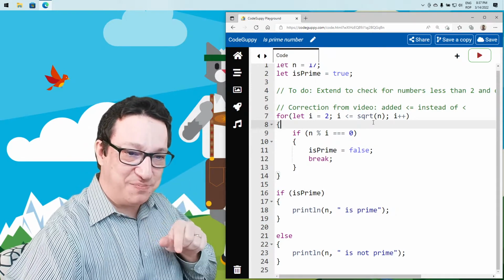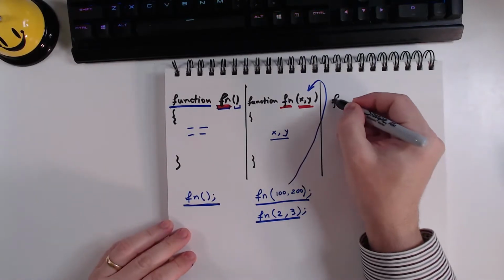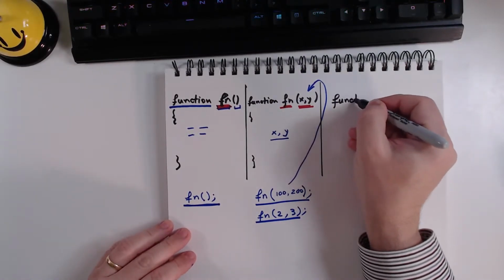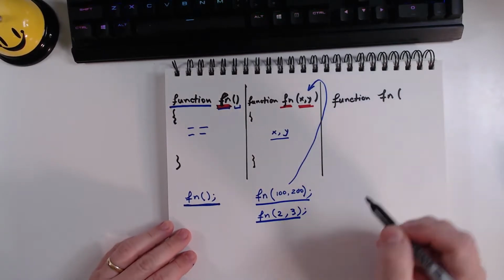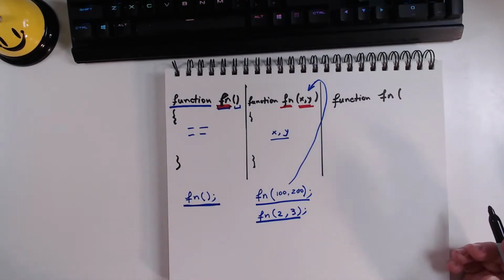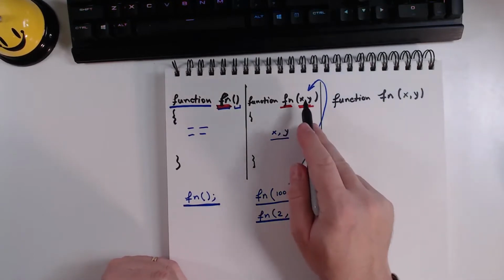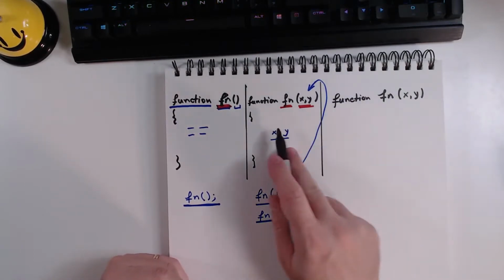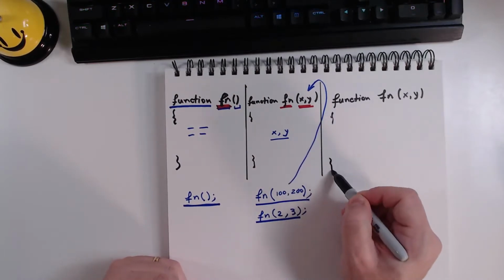Let's put it on the paper. All right, so this one is function. We call it again fn. It can take as many arguments as before. sqrt took just one argument, but it can take as many arguments. And just to show you that, I'm going to use the same arguments x and y here, and then there is a code block here.